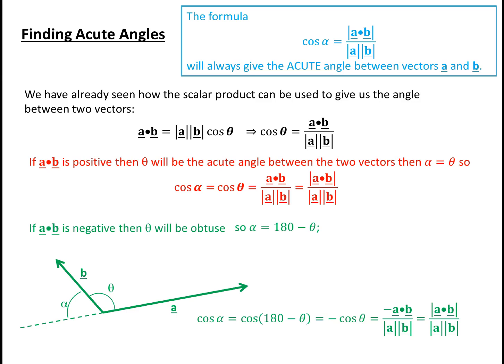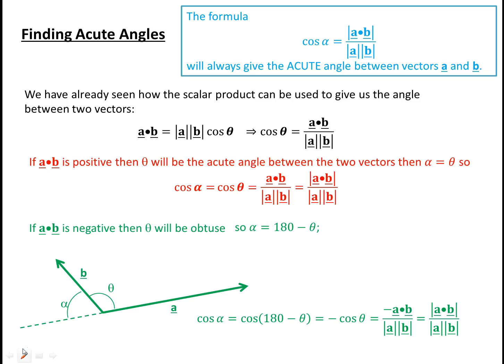Now, the cosine of alpha is the cosine of 180 minus theta. The cosine of 180 minus theta is cos 180 cos theta plus sine 180 sine theta. Cos of 180 is minus 1. Sine of 180 is 0. So cos of 180 minus theta is minus 1 times cos theta plus 0 times sine theta, which is just minus cos theta.